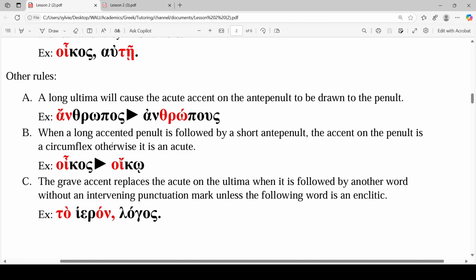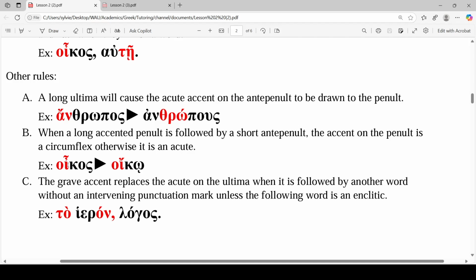But in other cases, if you have a short ultima, it's still possible to have a circumflex accent on the penult. And if the penult is a short syllable, you will not be able to use the circumflex accent. That's what it means when it says that otherwise it is an acute accent.